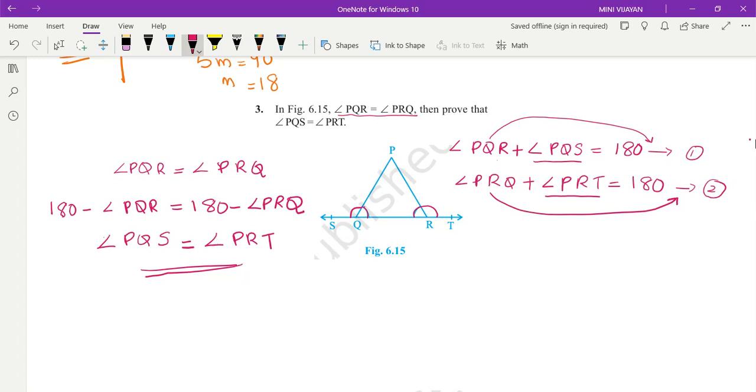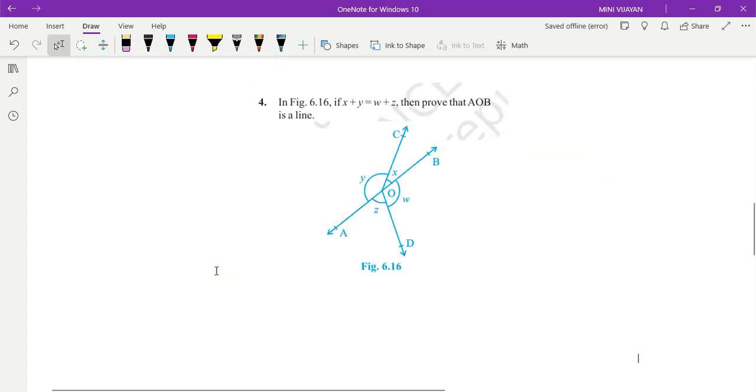Now move on to question number 4. This is question number 4. And here we can see that a figure is given, and x plus y equals w plus z. Can you see x plus y here? See, this is x and this is y.